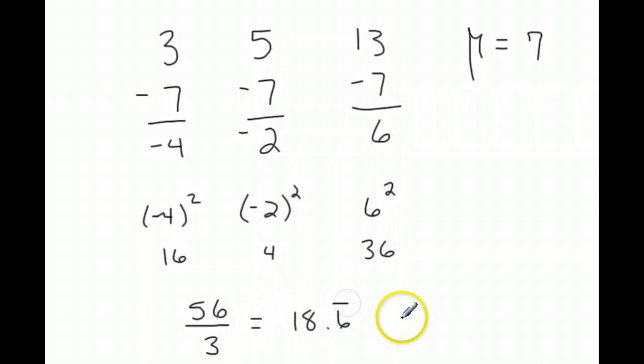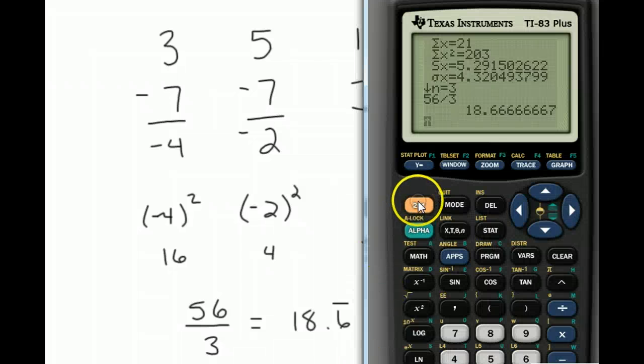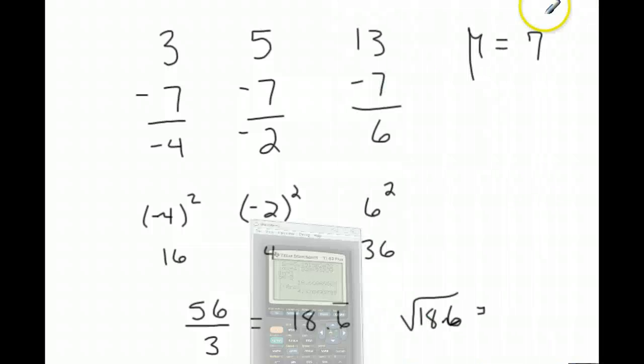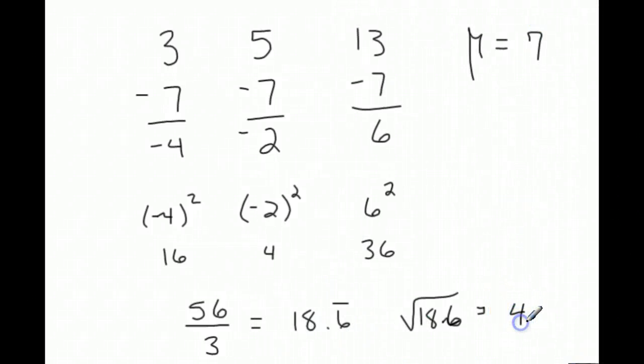And then when I take that square root, that's when I get that 4.32 number. So that's where that's coming from. So 4.3 roughly, again, using the rounding steps that we talked about before.